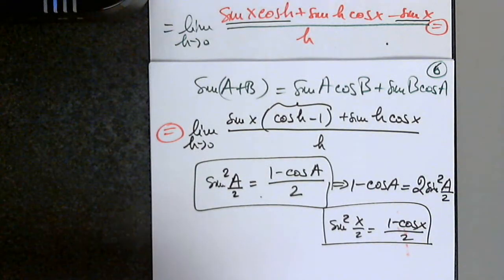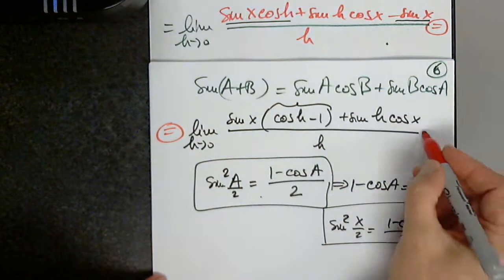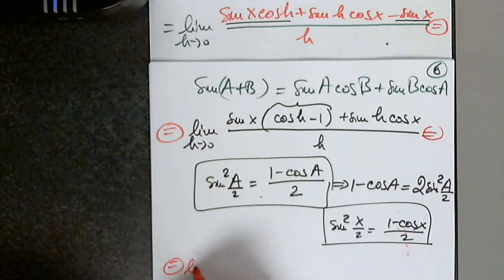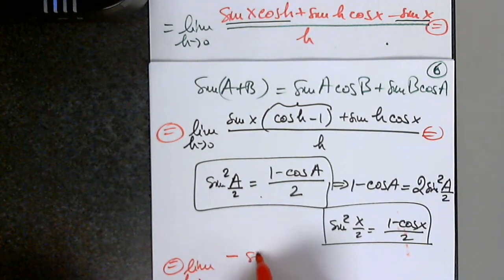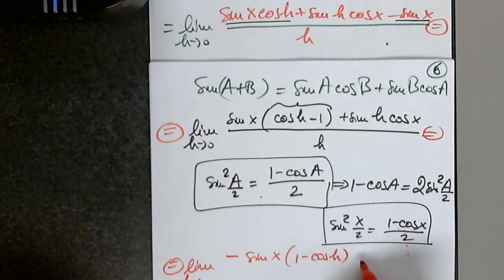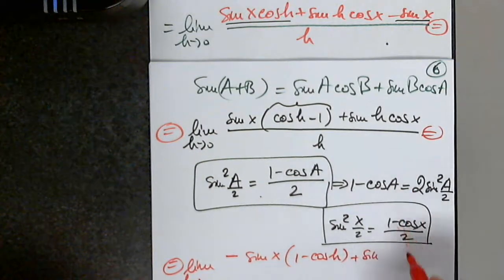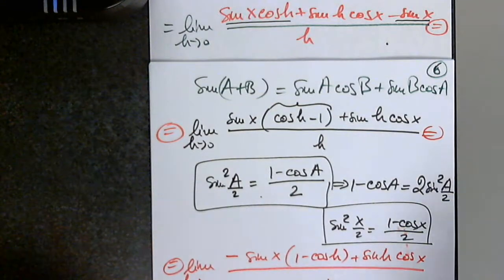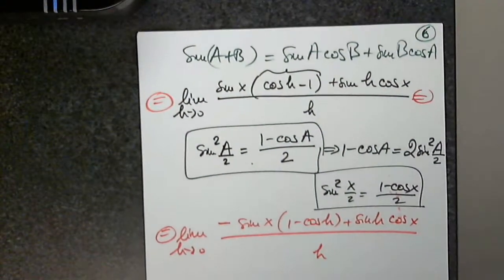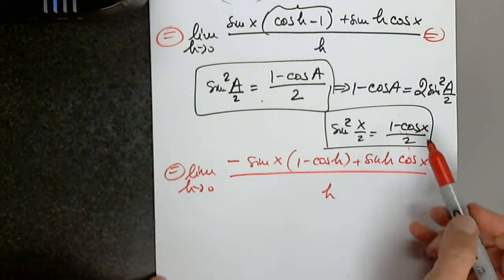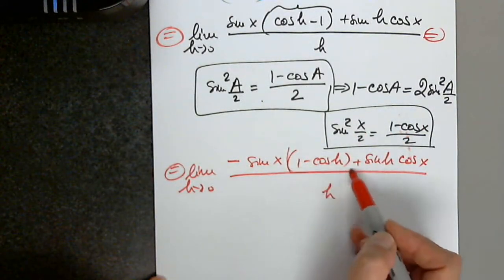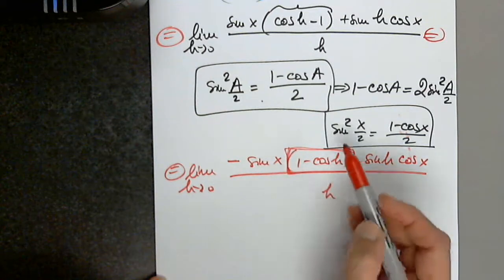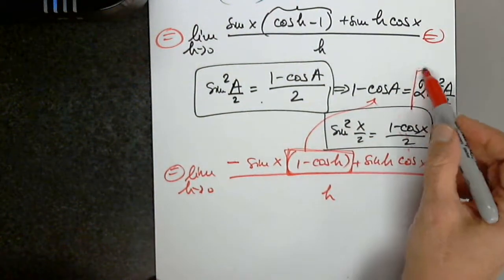So I will factor out -1. That's my first step. Limit as h approaches 0. Negative outside, sine x, 1 minus cosine h, plus sine h cosine x divided by h. And I'm getting it ready now. I am going to replace this quantity using this.